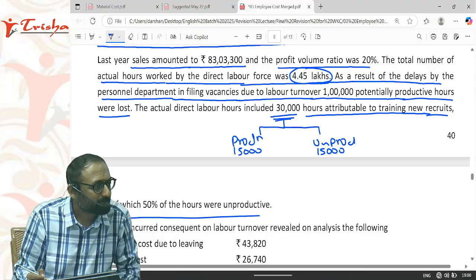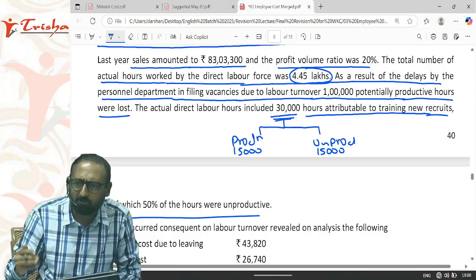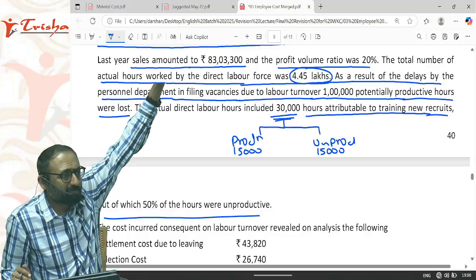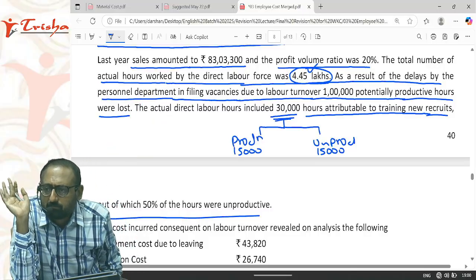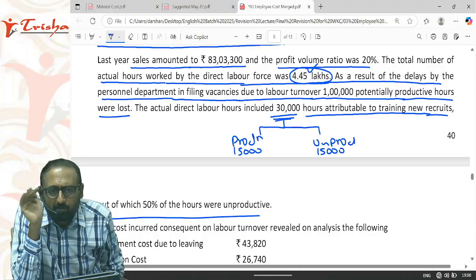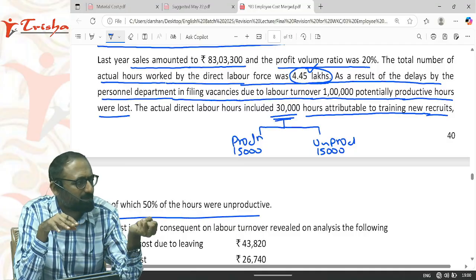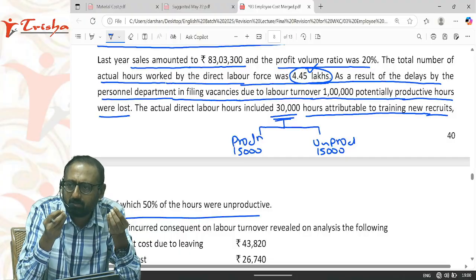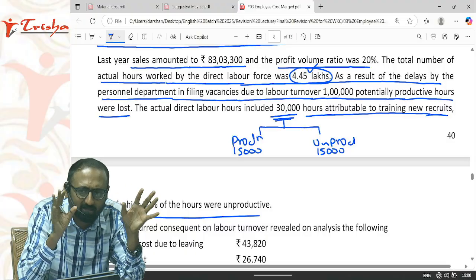In last year, how much will be total productive hours? Total hours worked last year, 4,45,000 hours. It includes training hours. But in training hours, some time is productive and some time is unproductive. So how much total hours wastage? It is 15,000 hours wastage.